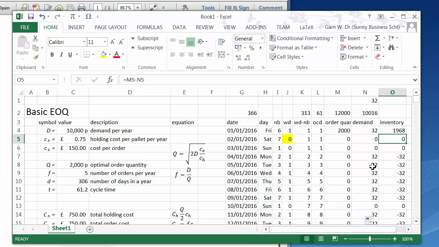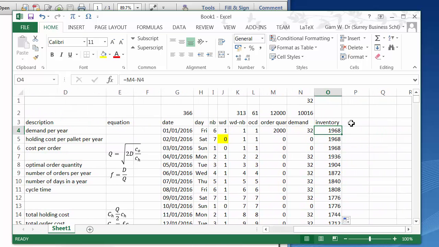It's always the order quantity plus what we currently have in stock minus what we consumed. We are paying for that on a daily basis.